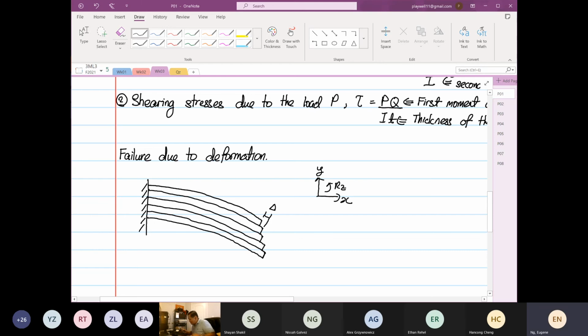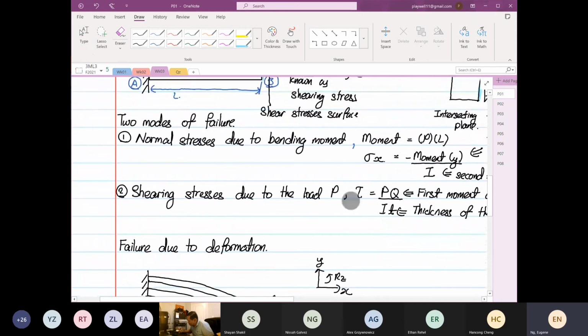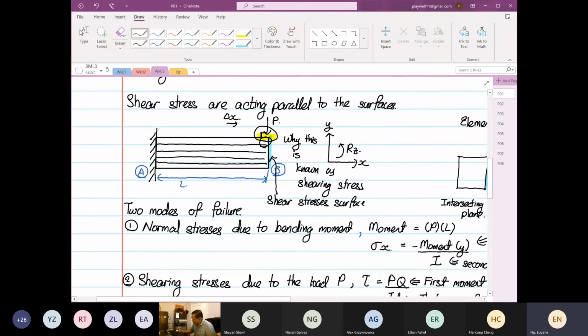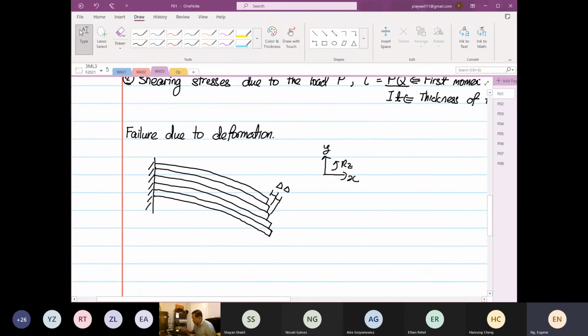There is a gap, right? You can see there's a gap over here, down here. And you realize that the gap is in the X direction. If this is the undeformed, the gap is in X direction. This is deformed, so that is the gap.